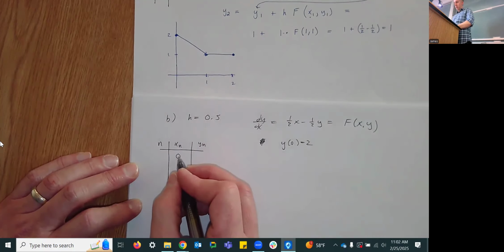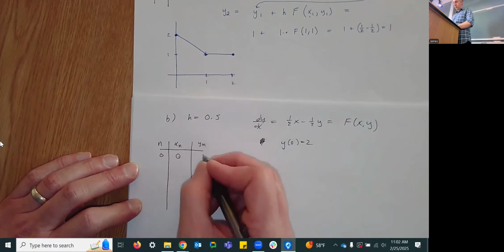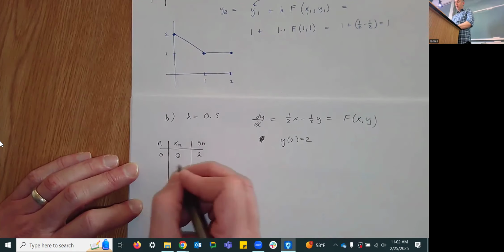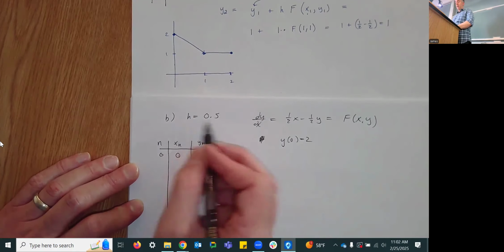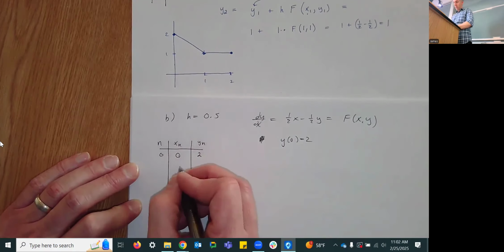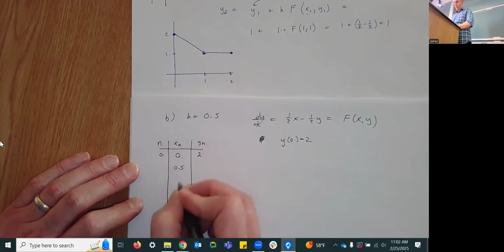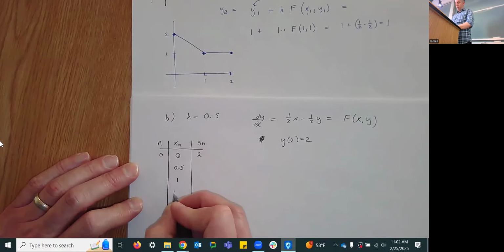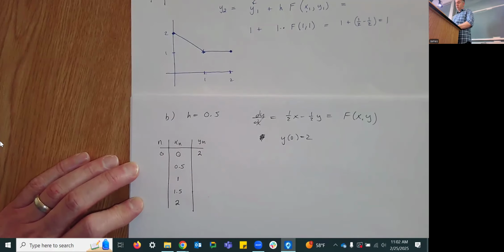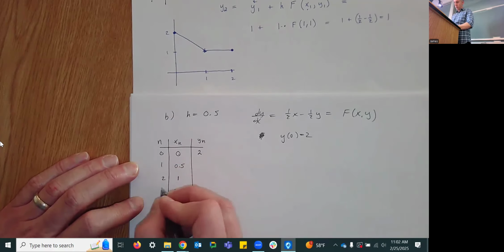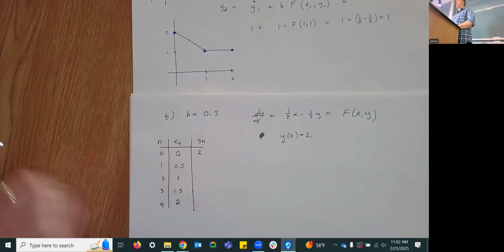So our x sub 0 is 0 and our y sub 0 is 2. And then our x value is just increased by whatever your step size is. So our next x value is going to be 0.5. After that is 1. After that is 1.5. After that is 2. So we're going to have to do this 1, 2, 3, 4 times to get to the place where we're going to get the estimate of the right y value.